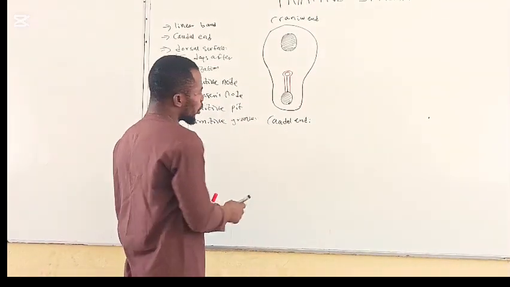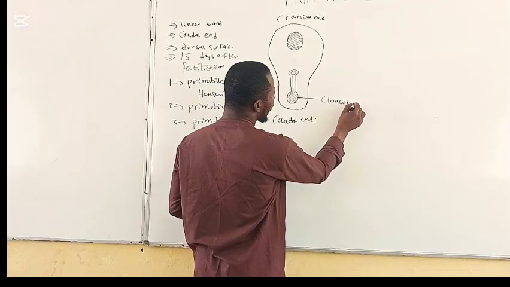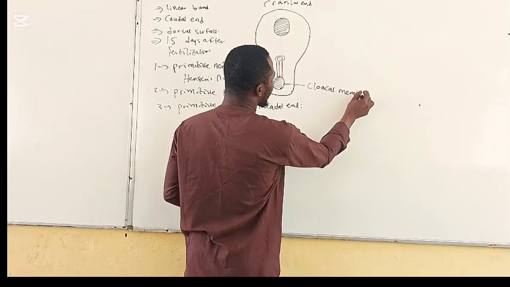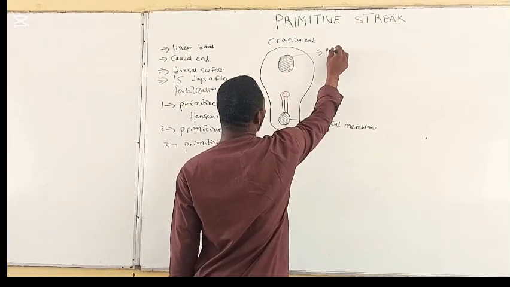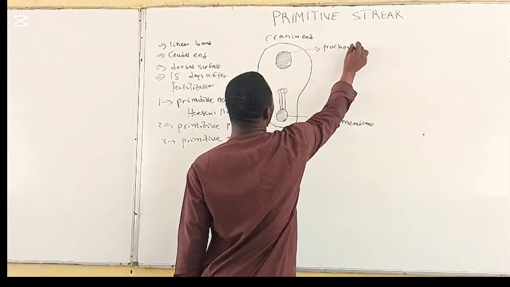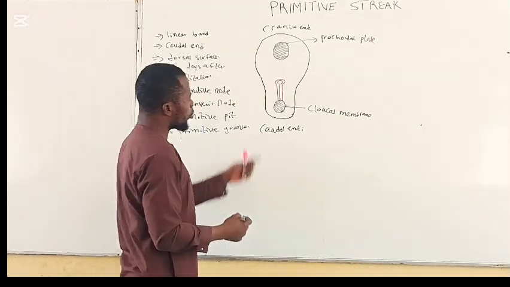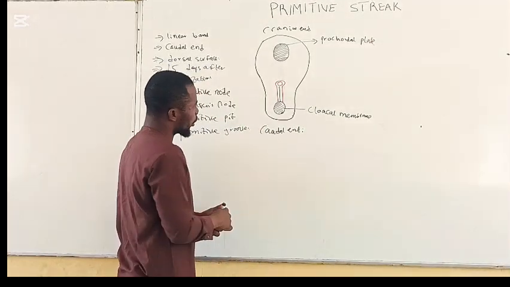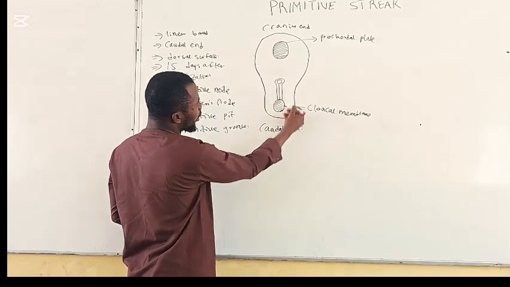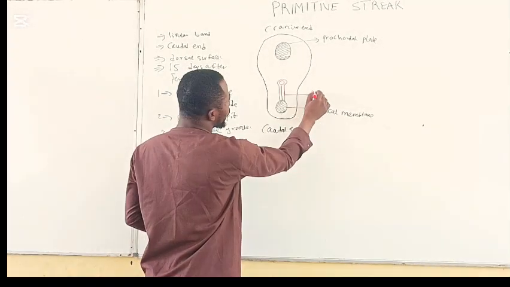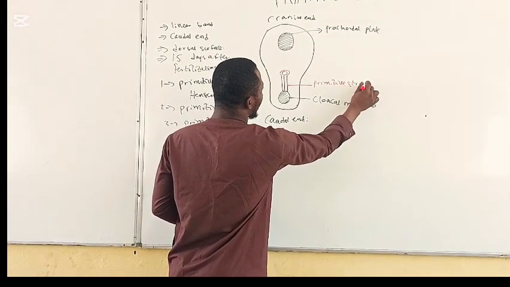At the caudal end here, this is the cloacal membrane, and up here is the prochordal plate. So at the caudal end, we have the primitive streak. This linear band of thickening of cells here is our primitive streak.